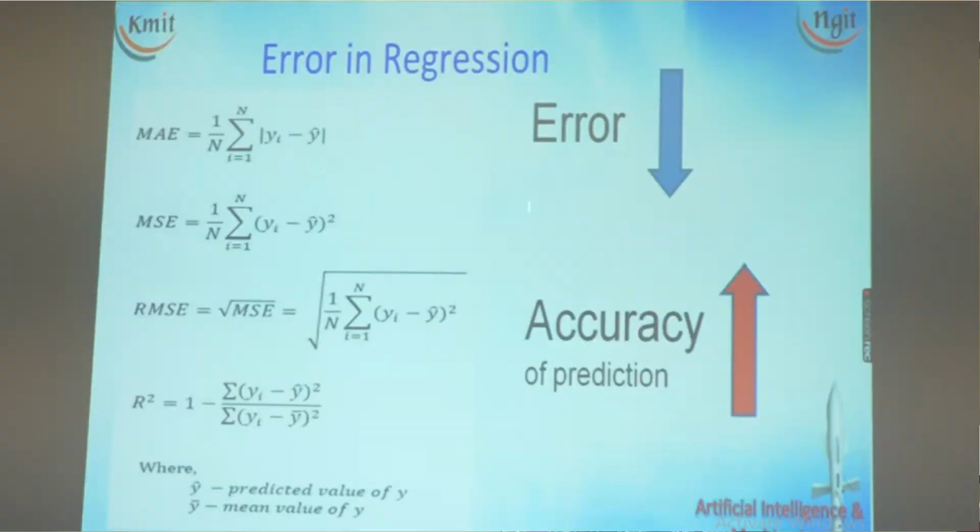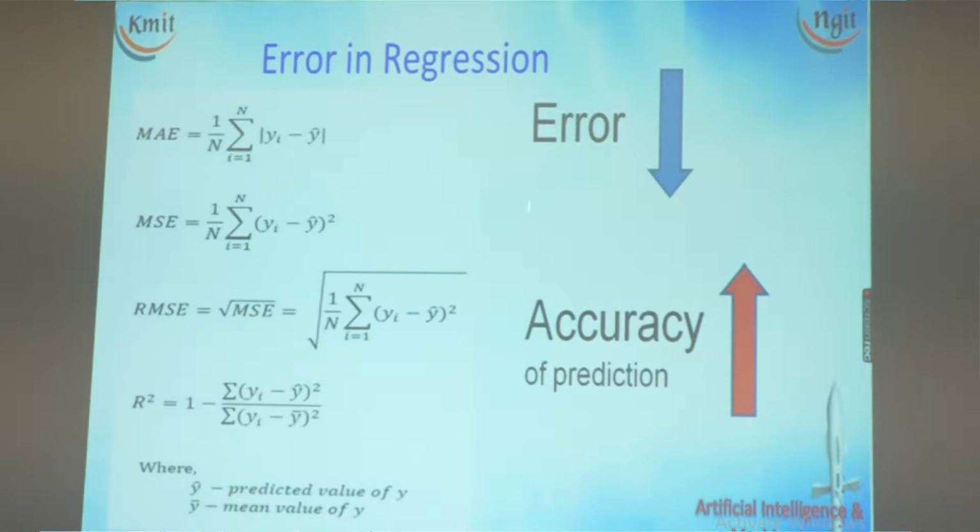Next, when we are doing regression, we have x i, y i here. What is y i? Actual outcome.